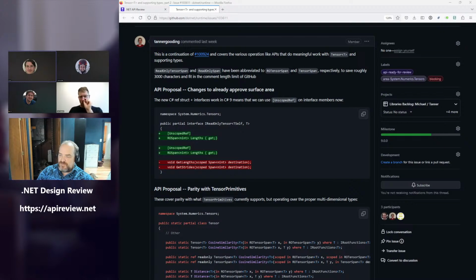Unscoped ref basically flips that and says, now I am tied to the lifetime of the struct. And as soon as that struct goes out of scope, the byref I returned is now out of scope as well and can no longer be used. I see. So this is the lifetime of the struct implementing the interface. Yeah. Okay. Thank you. Because I was wondering, in what sense is that more conservative? But that explains that. You can't have a function that returns a span that it got from an input parameter because it now doesn't know what happened to the input parameter. Got it.